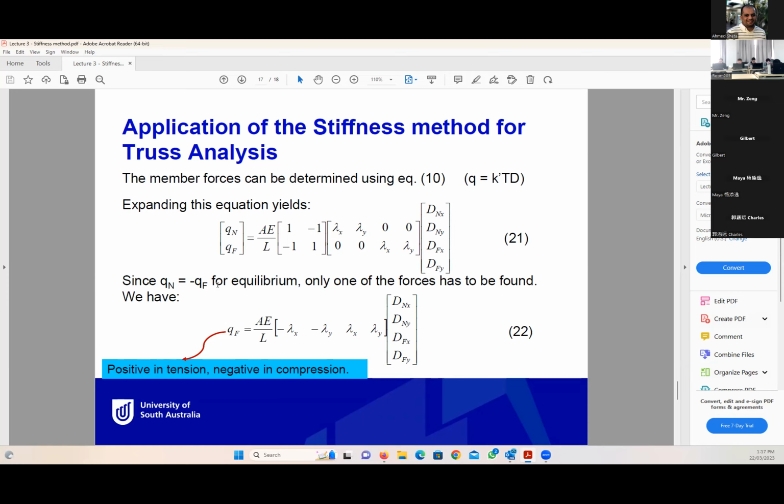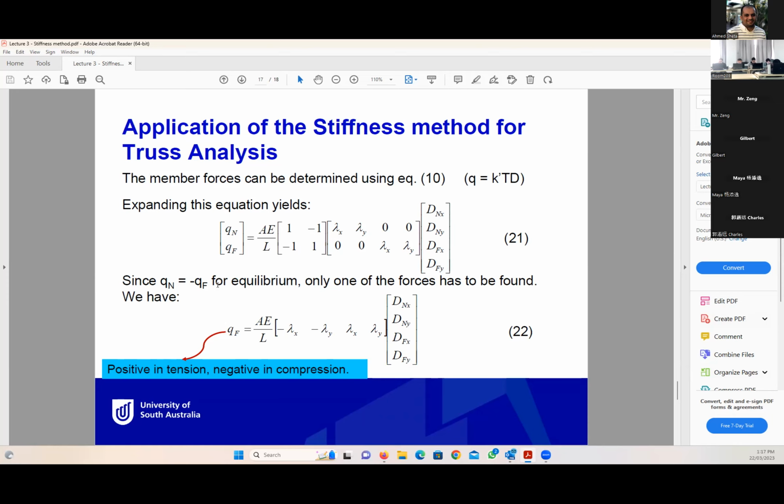So Qf will be equal to AE divided by L times negative lambda x, negative lambda y, lambda x, lambda y, times dnx, dny, dfx, dfy, where Qf is the member forces in the local system.